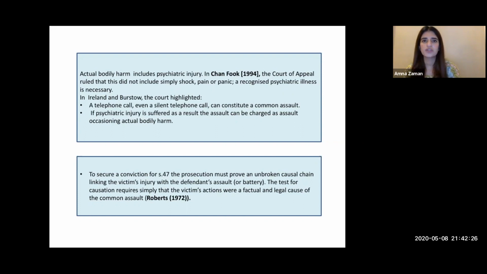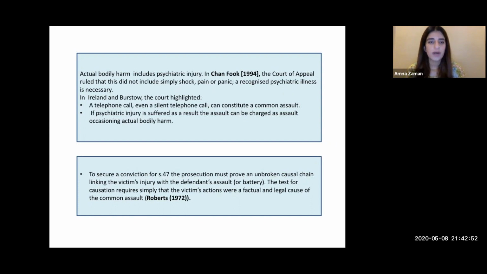One of the defendants stole clothes from the victim's laundry line and things like those. So they were sort of trying to harass the victims. And in both of the cases, although there was no face-to-face confrontation between the defendant and the victim, it still amounted to common assault.